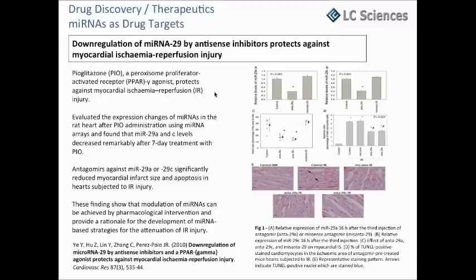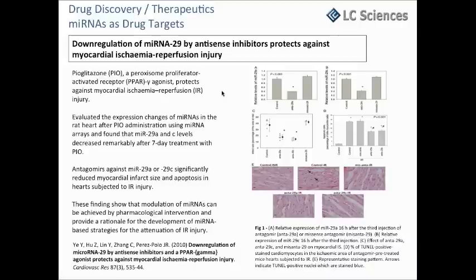So this paper was published in 2010, and it was found using microarray profiling that again the microRNA family 29 was involved, in particular 29A and C, and it showed that the levels of 29A and C decreased remarkably after a 7-day treatment with PIO, and PIO stands for pioglitazone, which is a peroxisome proliferator activated receptor agonist, and protects against myocardial ischemia reperfusion IR injury.